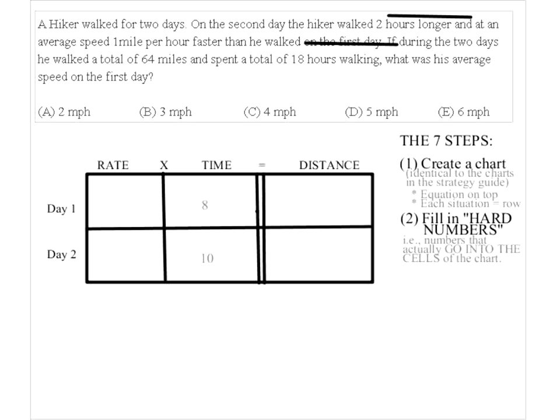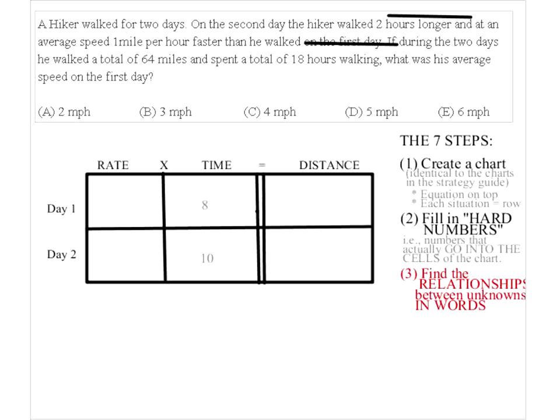Now, here's the key step. If you use this method of 7 steps, then all of the cortex activity that you need, all the thinking that you got to do, is going to happen right now in step 3. Step 3 is to find the relationships between the unknown quantities, and then in words.